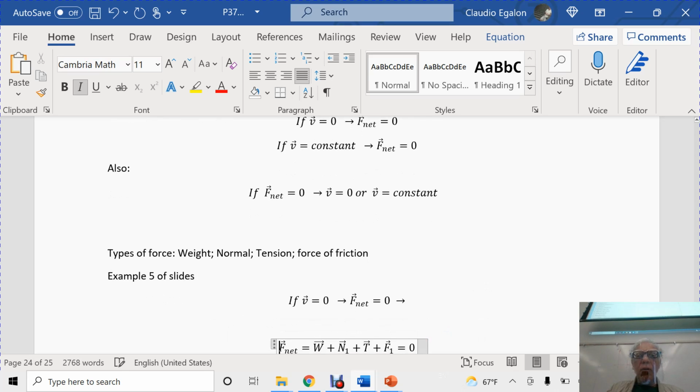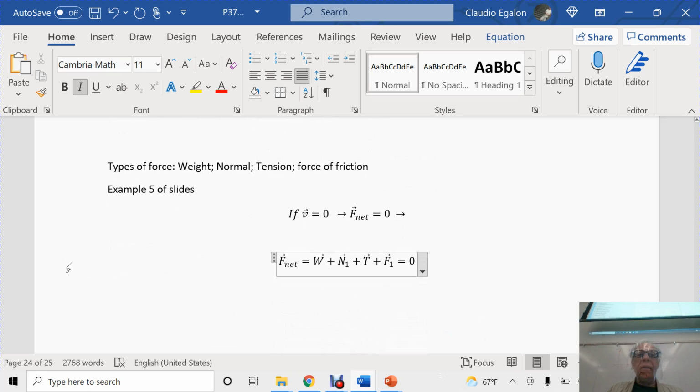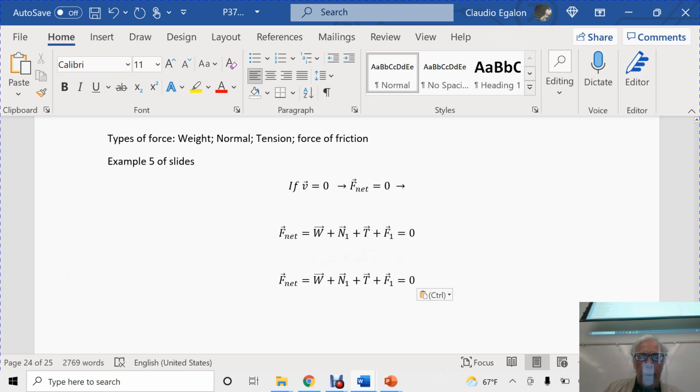And let's not forget that what you see here is in reality two scalar equations. Okay, so we are going to have an equation along the x-axis. A component of the weight along the x-axis.